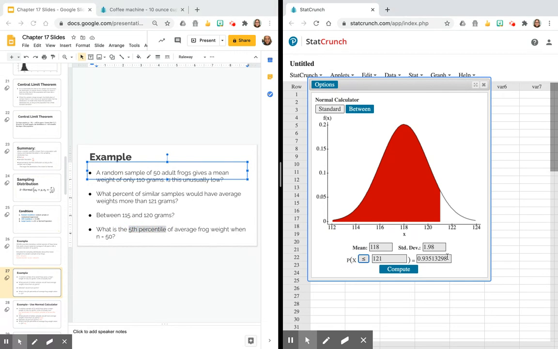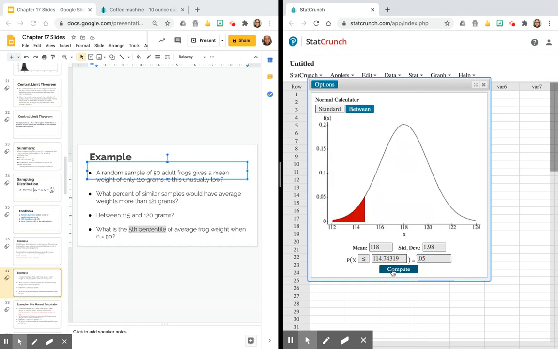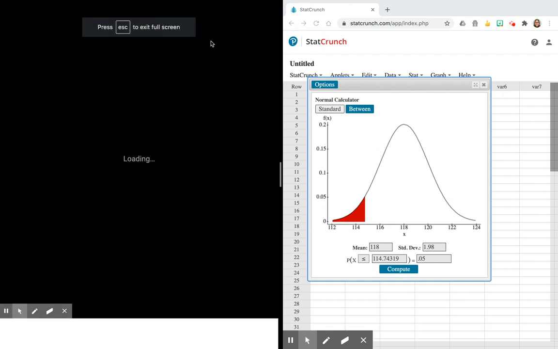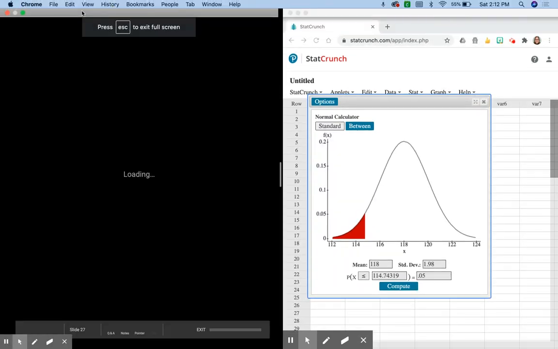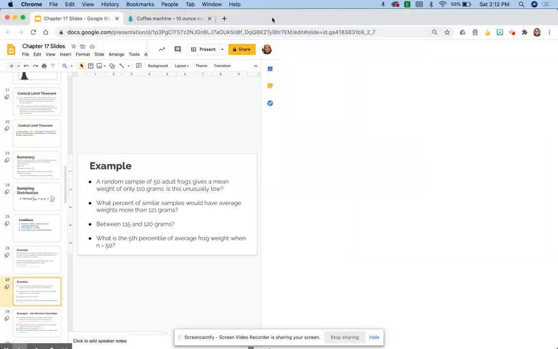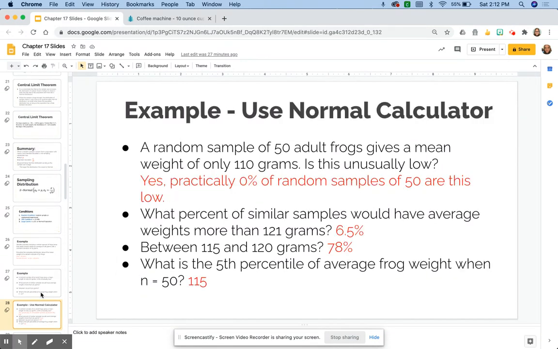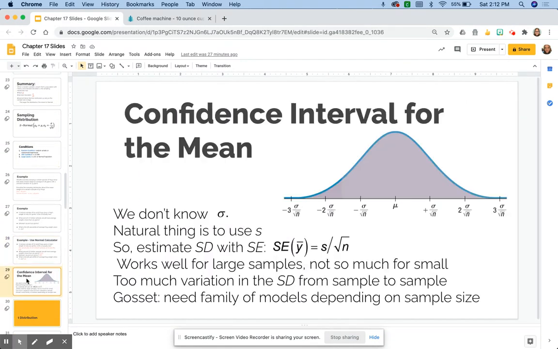So I would go over to this box here and type in 0.05, and if I click compute, that gets me 114.7. So I could say 115 if I round it. So just a reminder of how some of these questions can be solved with the normal calculator on StatCrunch. Okay, and then the next screen has the answers there for you to look back on.